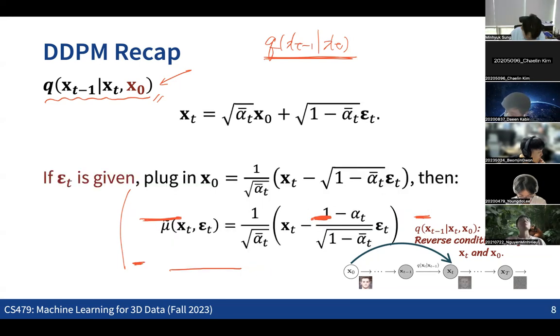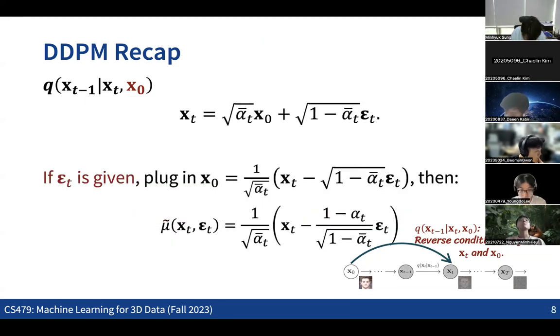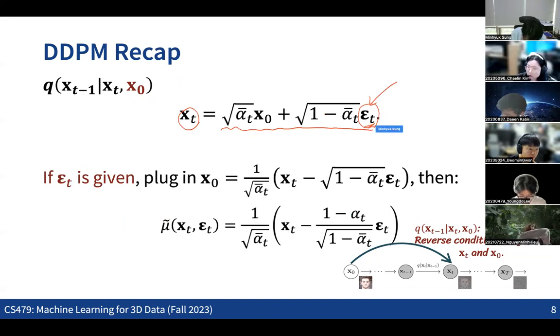One more thing: since xt can be represented in this formulation, where epsilon t is a noise sampled from the unit Gaussian, we know that epsilon t is given, so we know what noise resulted in the xt from the sample of the x0. So this epsilon information is given.